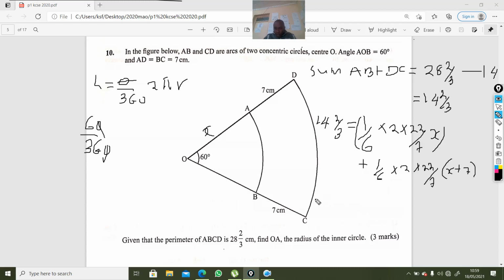Now it implies that 14 and 2/3 will be equal to this one.